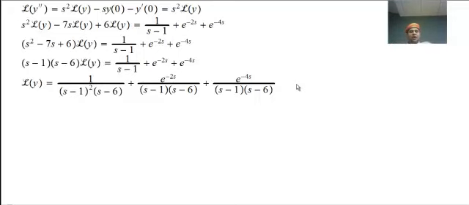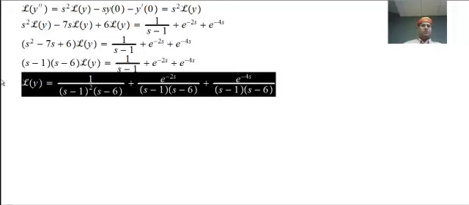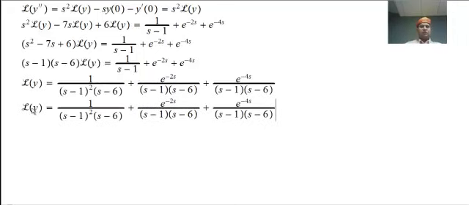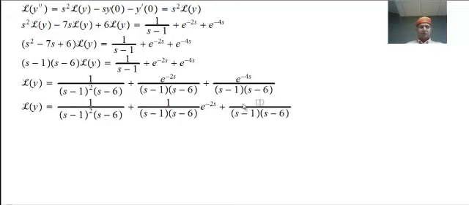Everybody fine? Okay, so what we have to do, we have to get the partial fractions, right? Let's do this one. I can just write this e to the negative 2s in this place. Everybody good here?